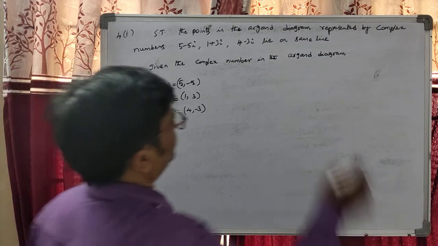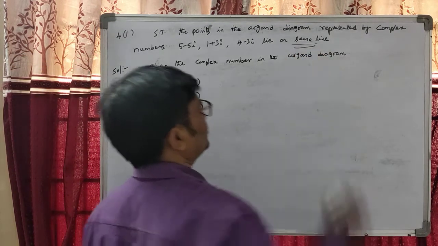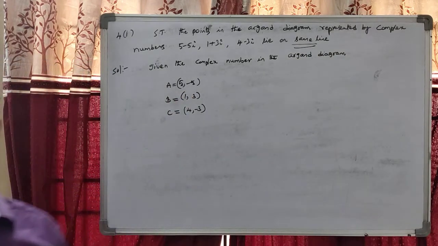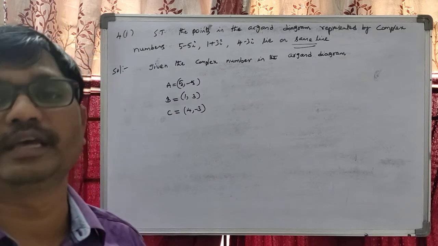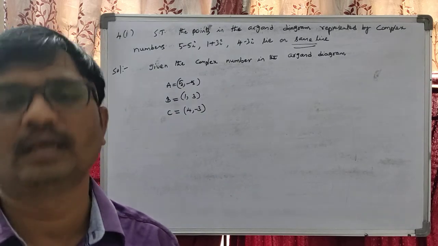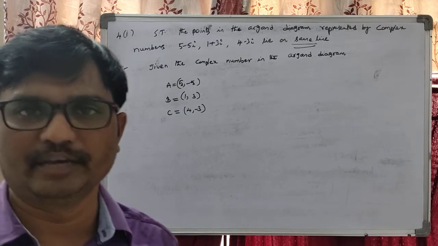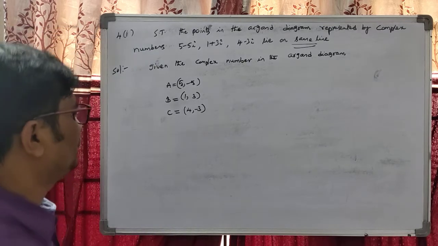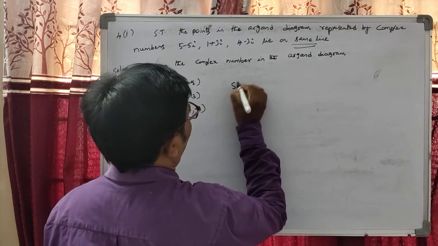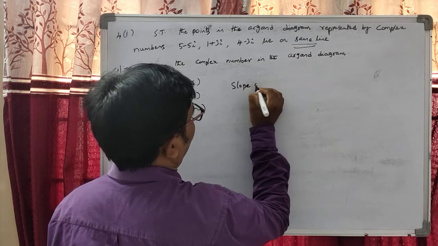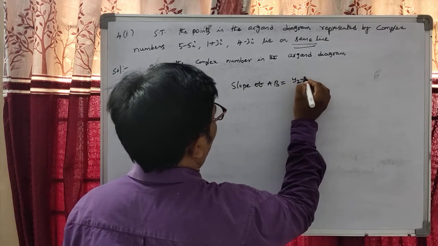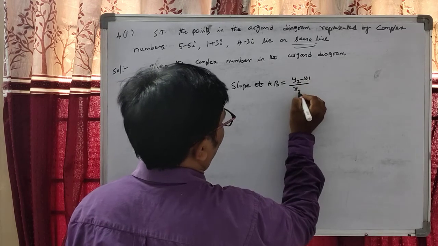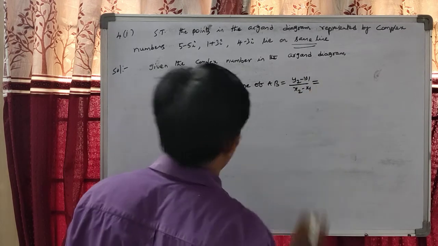So dear students, same line means collinear. Collinear means slopes are equal or the area of triangle ABC is 0. First we find the slope of AB, which is (y2 − y1)/(x2 − x1).